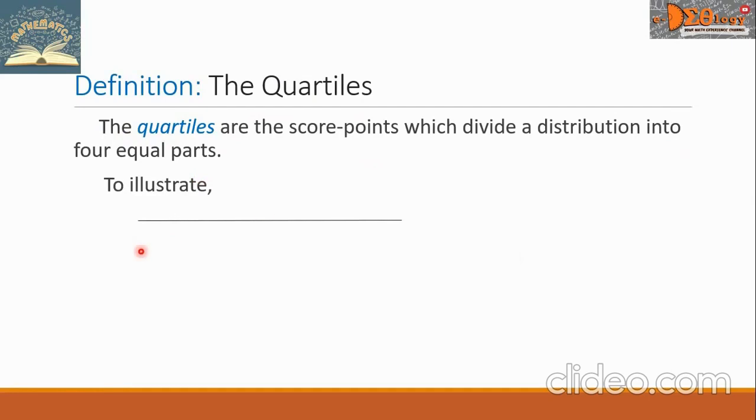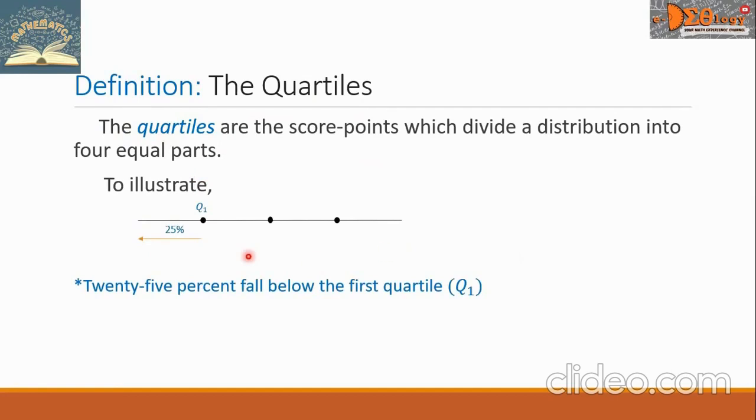To illustrate, I have here a line representing the distribution. The first quartile is here, denoted by Q sub 1. We say that 25% of the distribution fall below the first quartile.